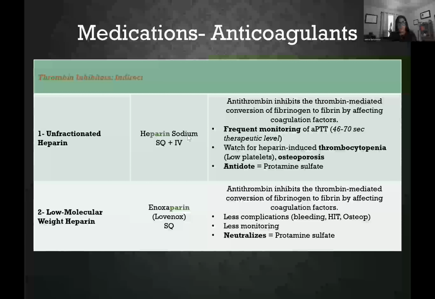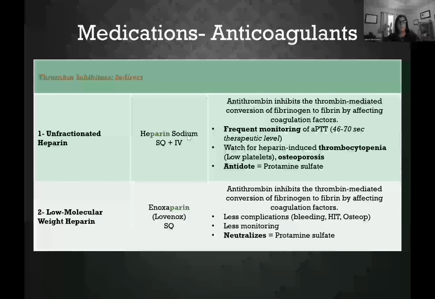First is your heparin sodium. It could be given sub-Q or IV. It basically inhibits thrombin-mediated conversion of the fibrinogen to fibrin by affecting your coagulation factors. Now, with this drug, we do frequent monitoring of APTT, and you're going to know that in your book, they talk about the normal levels and the therapeutic levels.